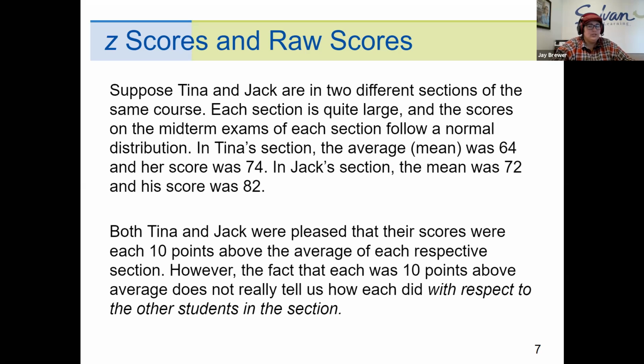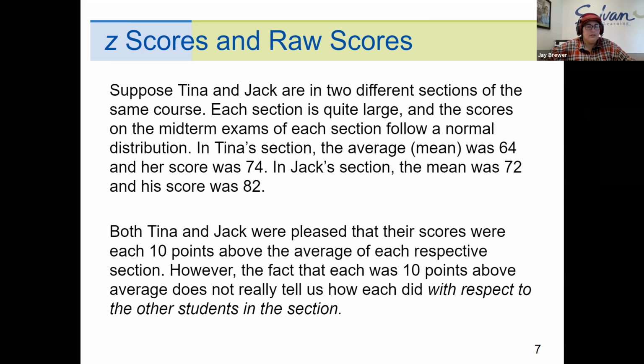In Jack's section, the mean was 72, and his score was an 82. Both Tina and Jack were pleased that their scores were each 10 points above the average of their respective section.